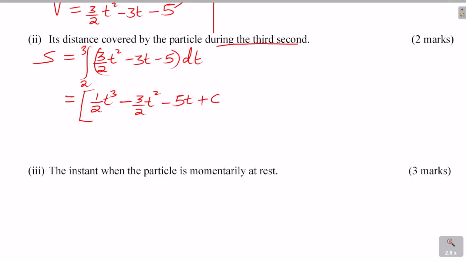Don't forget, to integrate we must have that constant. We are doing this from 2 to 3.